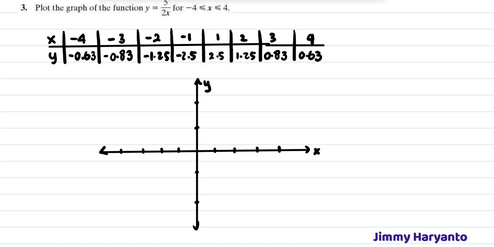Okay, negative 4 comma 0.63 around here, and then negative 3 comma negative 0.8, negative 2 comma 1.25, negative 1 comma 2.5. Okay, so the curve will be just like that, and then this one also the same.